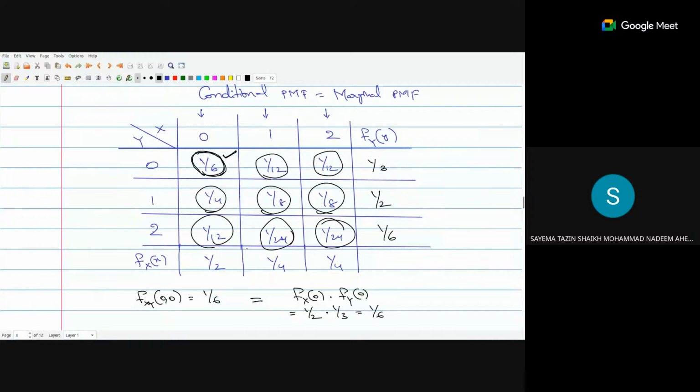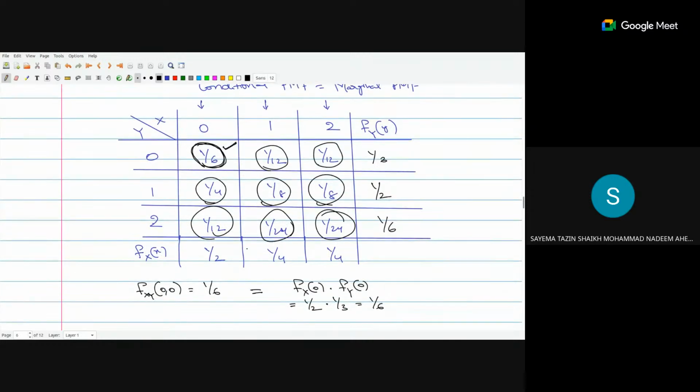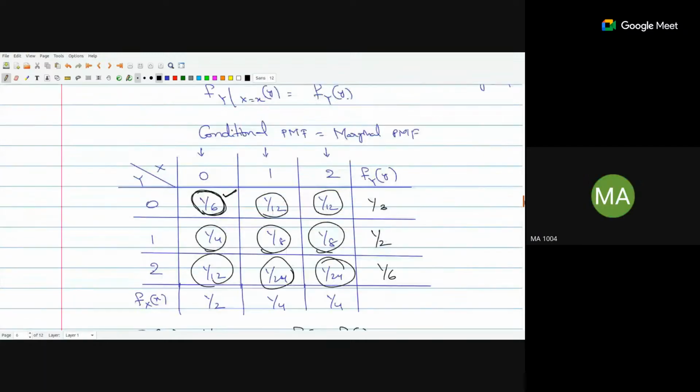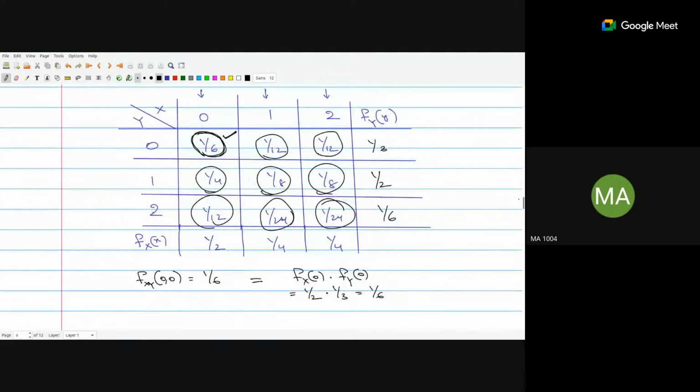So we need to check all the entries. To disprove something, we can take one entry that is not satisfying the condition, but for proving, you have to check all the entries. But that is not the optimal way.